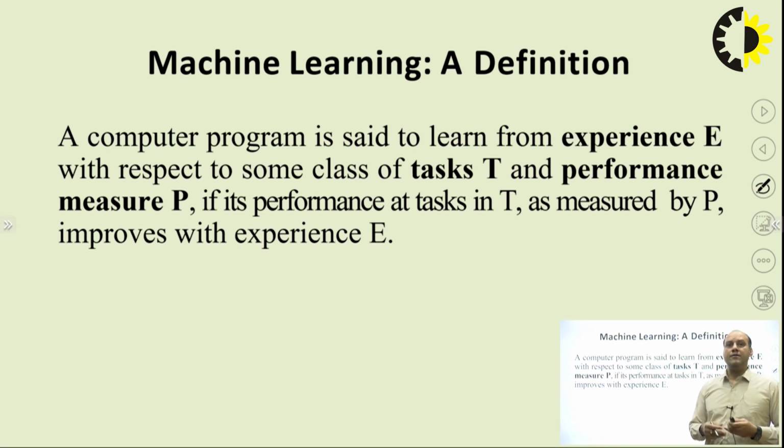According to Tom Mitchell in 1993, a computer program is said to learn from experience E with respect to some class of task T and a performance measure P, if its performance at task T, as measured by P, improves with experience E. I have highlighted these three: number one, experience E; number two, task T; and number three, performance measure P. Just keep in mind these three important points: E for experience, T for task, P for performance measure.